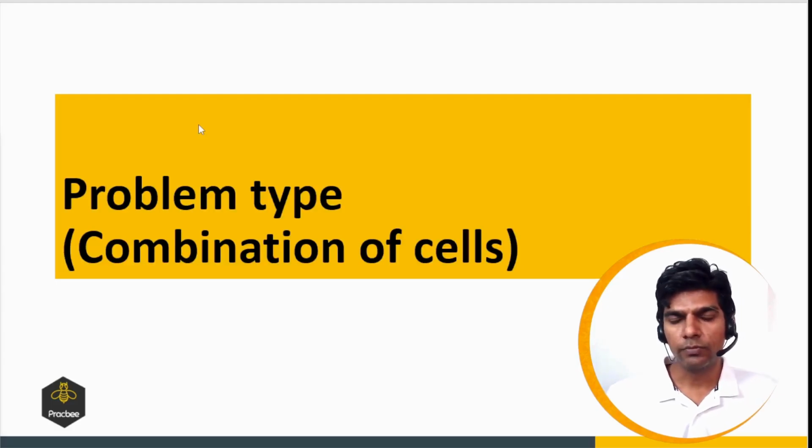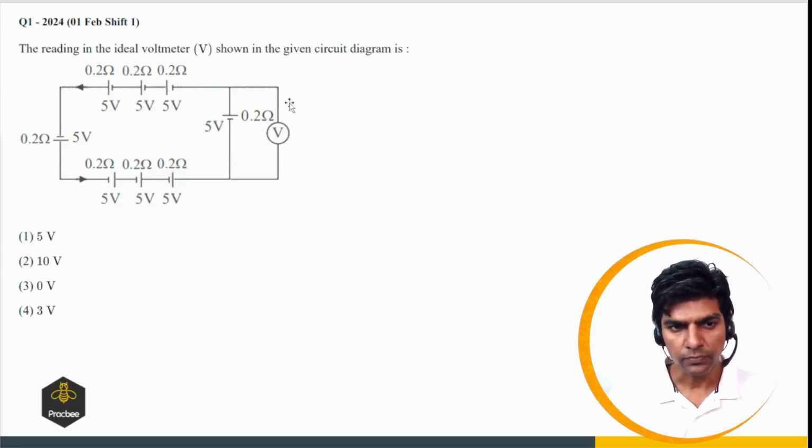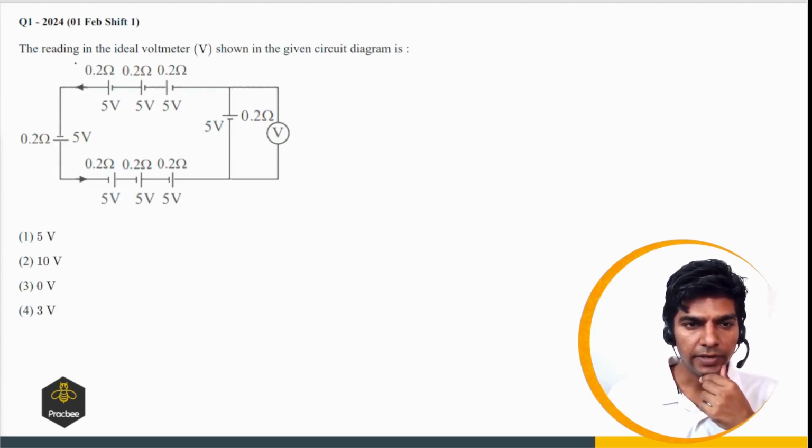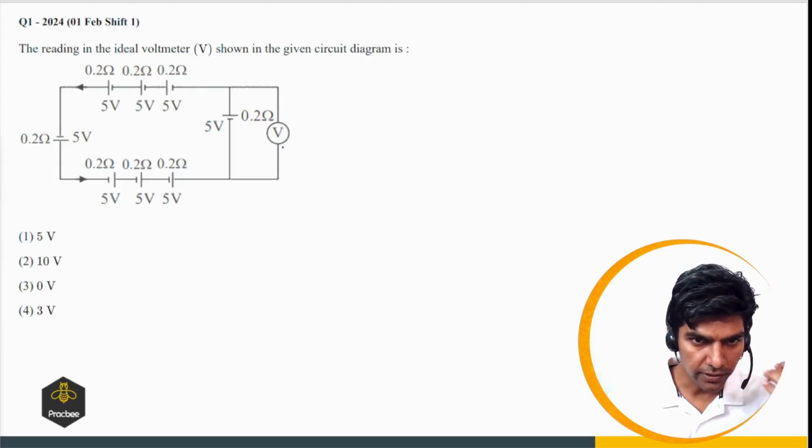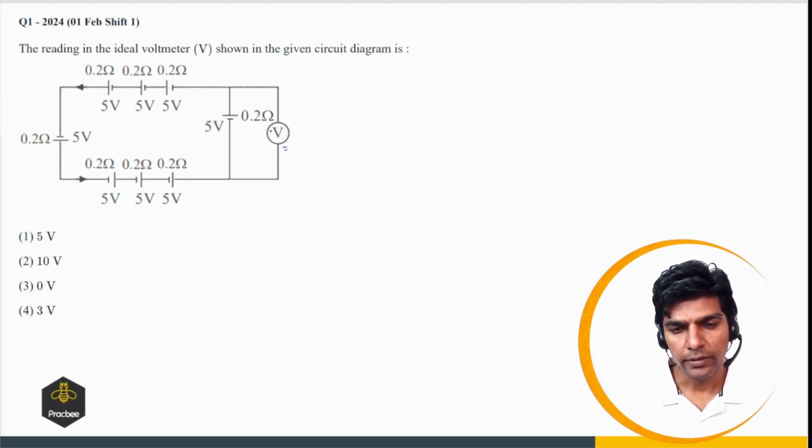Now let us see the combination of cells. The reading in the ideal voltmeter V shown in the given circuit diagram is, so we have to find the reading of this voltmeter, and it is connected across a real battery which has an EMF of 5 volts and internal resistance 0.2 ohms.